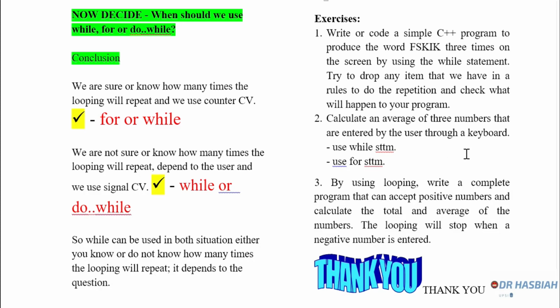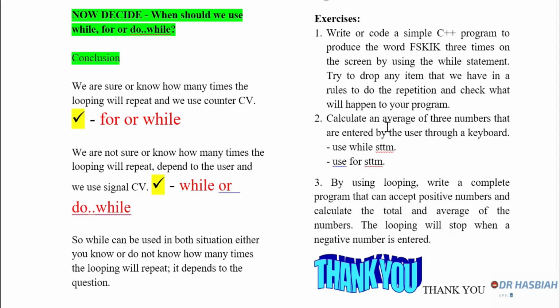The question here: calculate an average of three numbers that are entered by the user through a keyboard. If you read this question, it asks us to use the while statement and then the for statement.